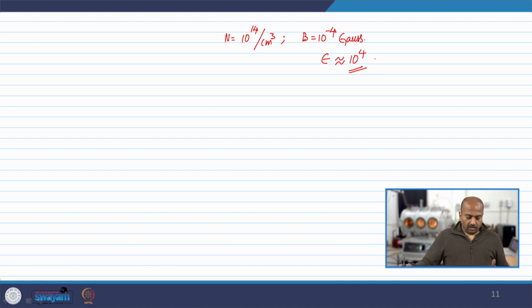So, in a sense we can simply remember that the plasma can be treated as a dielectric material, and given that it is a dielectric, it is very important that we study the propagation of waves in this dielectric medium.